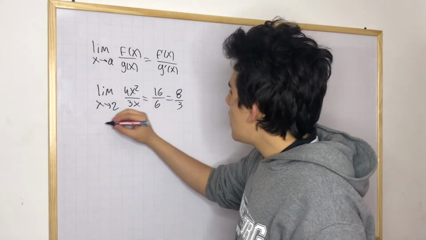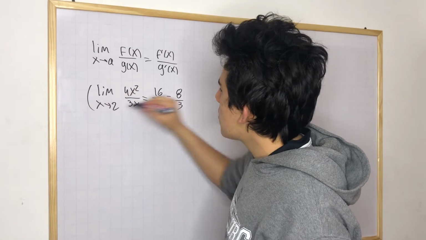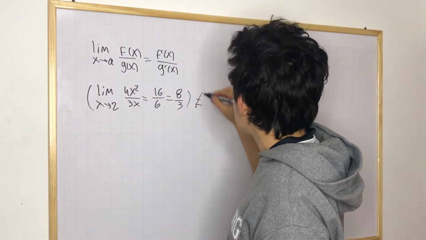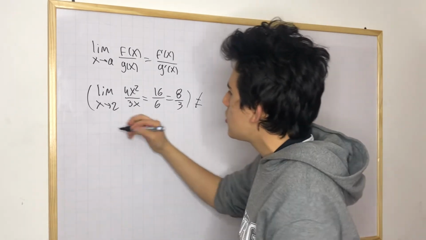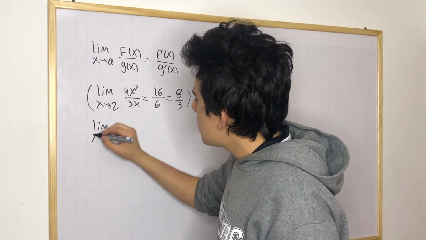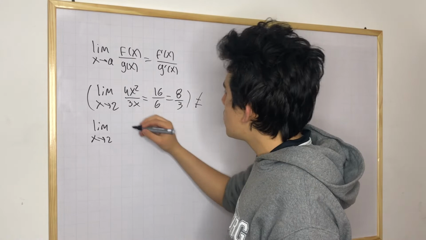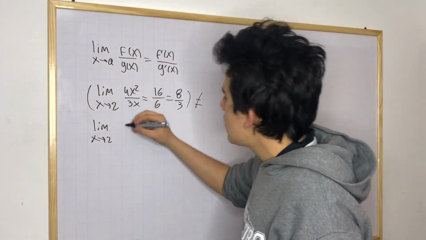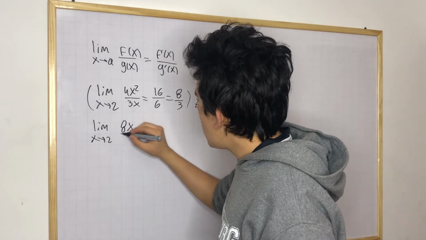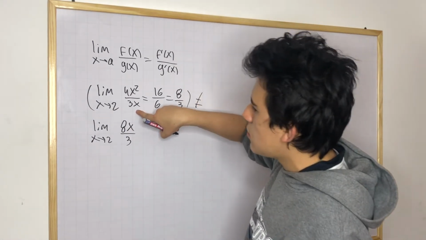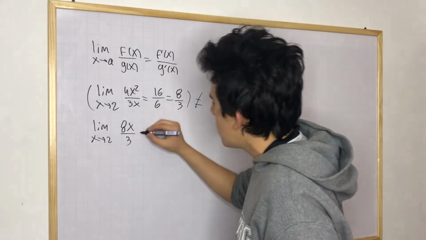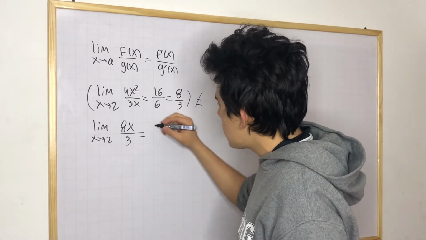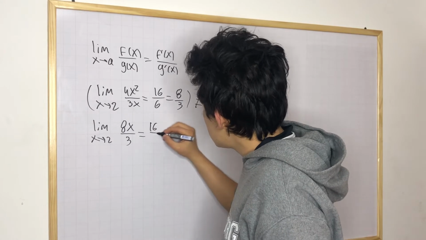We know it's not gonna be, but just so you see the relationship, we could say it's gonna be the limit as x approaches 2. Now the derivative of this, we can just use the power rule. We know that it's just going to be 8x over 3. Okay, the derivative of the denominator is gonna go to 1. And now if we plug in 2 into this expression, we're just simply gonna get 16 over 3.